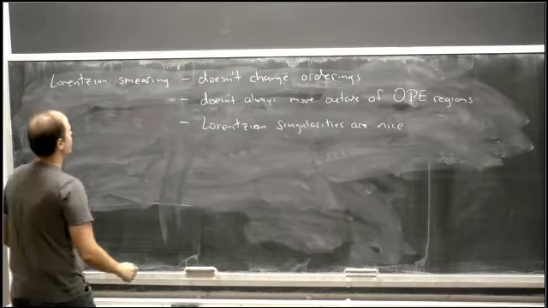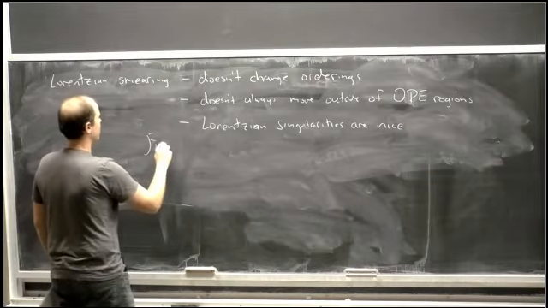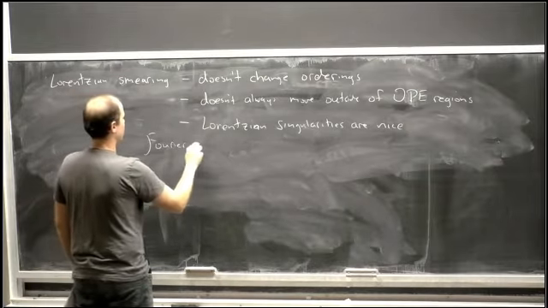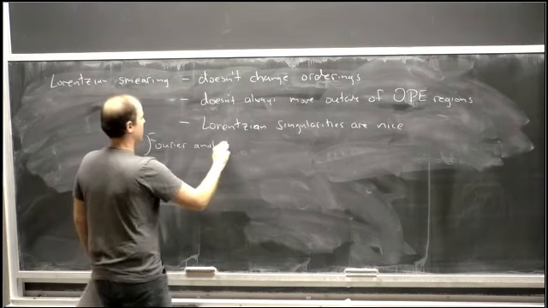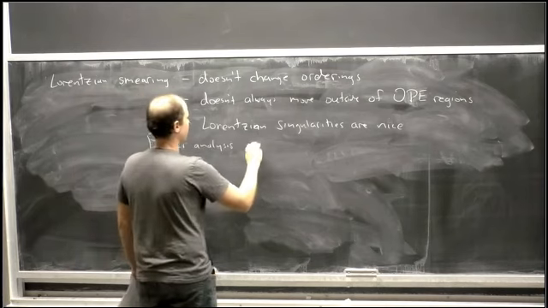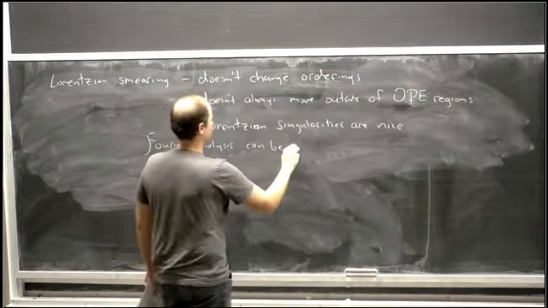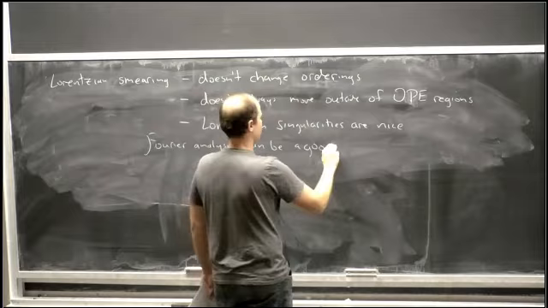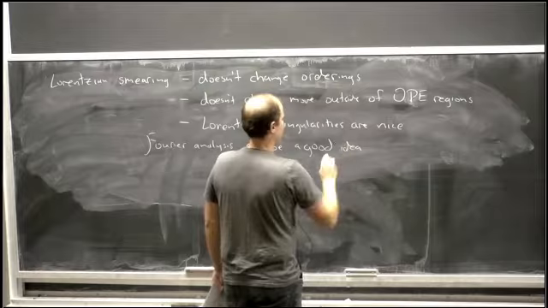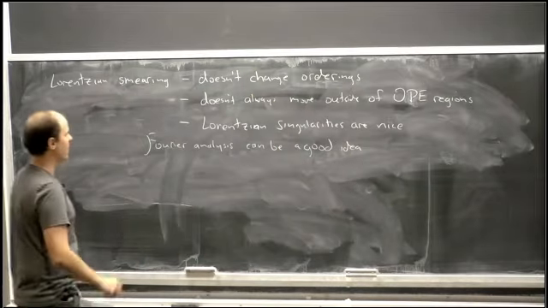And so in particular, Fourier analysis can be a good idea in Lorentzian signature.